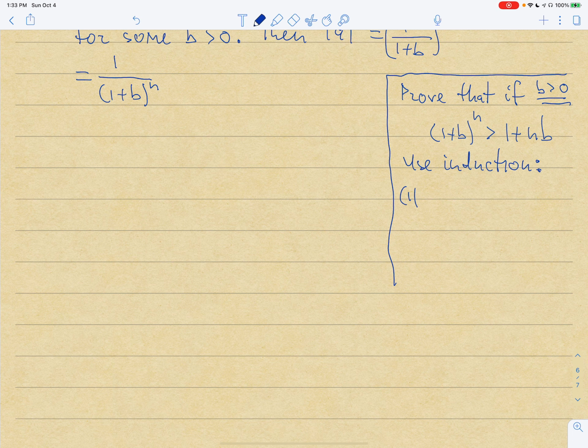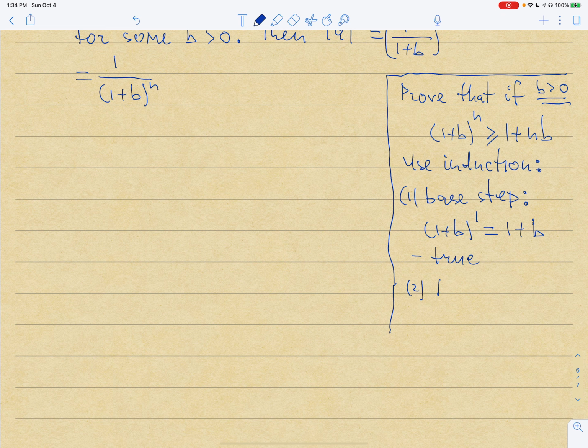So first, base step: (1 + b)^1 is actually, this should be greater or equal. (1 + b)^1 is equal to 1 + 1 times b. So this is true.